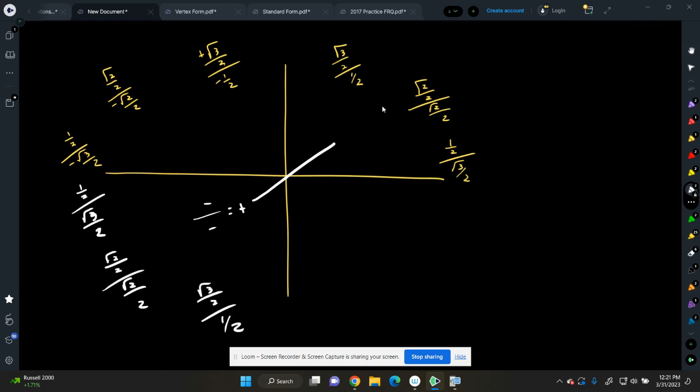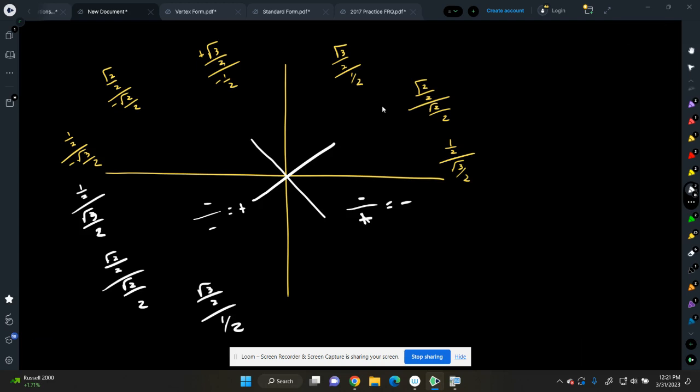What's going to happen in the fourth quadrant? Is it going to be positive or negative? It's going to be negative because the y is negative and the x is positive. So I get a negative, which means I'm going to get the same values that I had in quadrant 2.